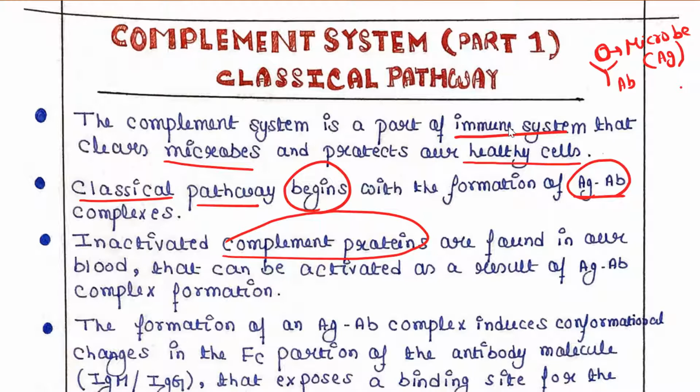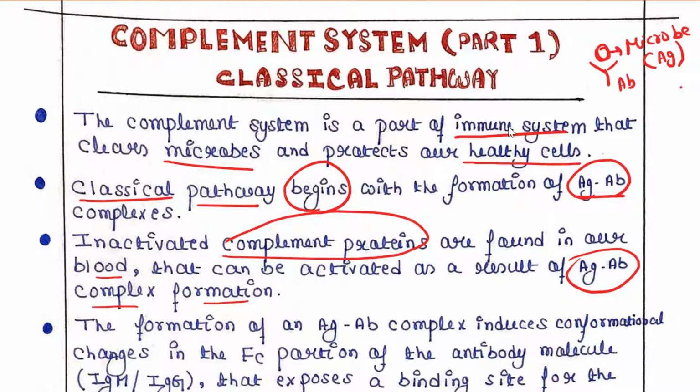These inactivated complement proteins can be activated as a result of antigen-antibody complex formation. So when the antigen-antibody complex is formed, the complement proteins that were inactivated in the blood are activated and start their action.